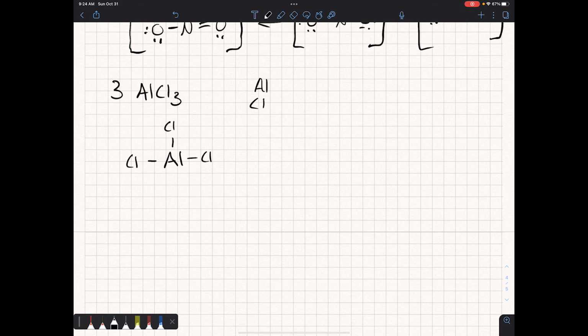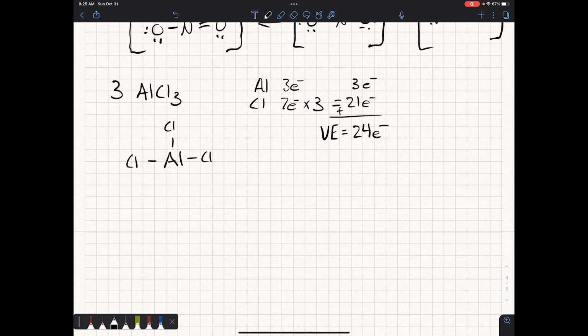Okay, so we've got aluminum. We need to know the number of valence electrons that we have. Aluminum has 3 valence electrons, and chlorine has 7 valence electrons, but we have 3 of those, so we multiply by 3. This gives us 21 electrons and 3 electrons. So our total of valence electrons is going to be 24.